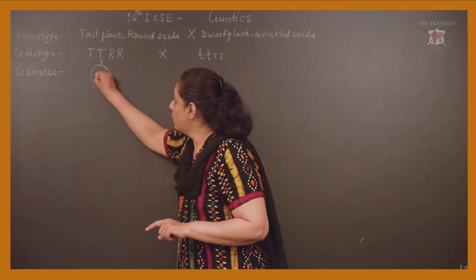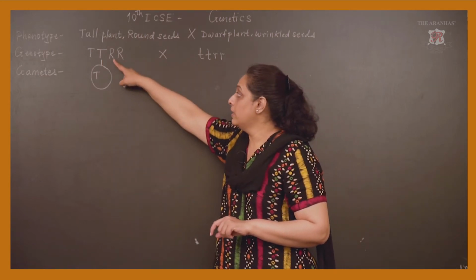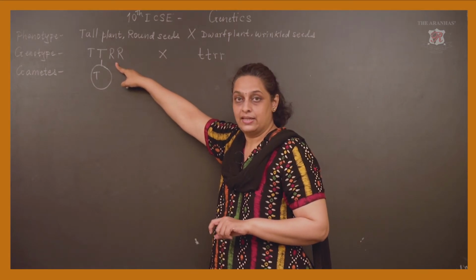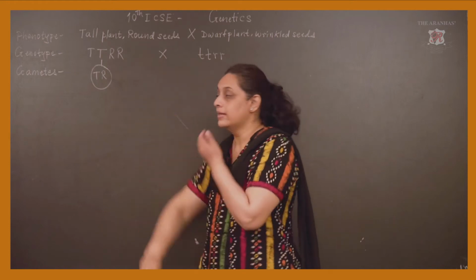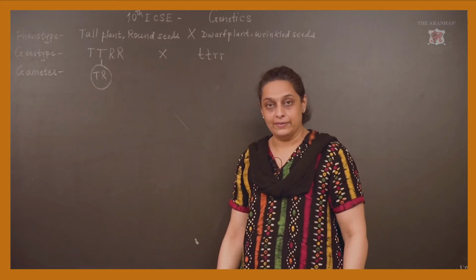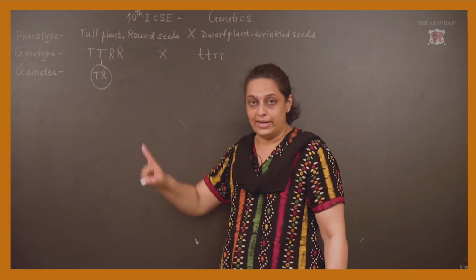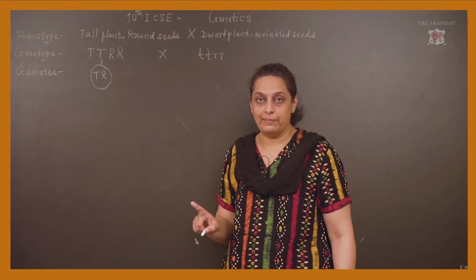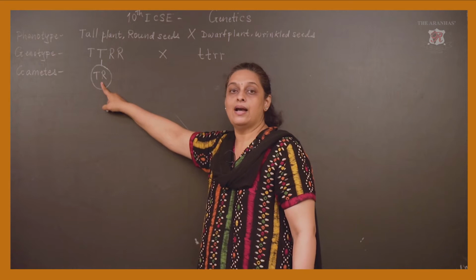So, there will be 1 capital T, and from 2 alleles for round seeds 1 will be passed on to the gamete. So, capital R, which means that tall round parent produces only 1 type of gametes with capital T, capital R.